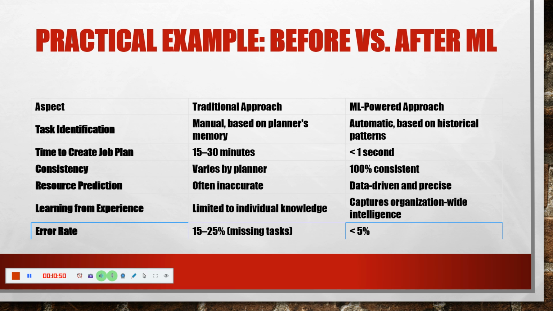For example, in task identification, the traditional approach is manual and based on the planner's memory, but ML is automatic and based on historical patterns. Time to create a job plan in the traditional approach is about 30 to 50 minutes, but in ML it is done in less than 1 second.